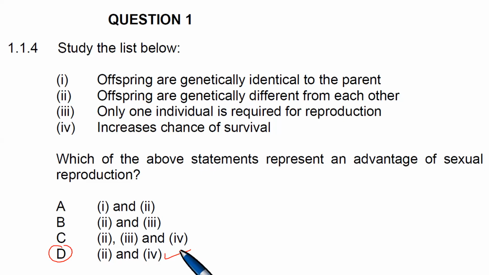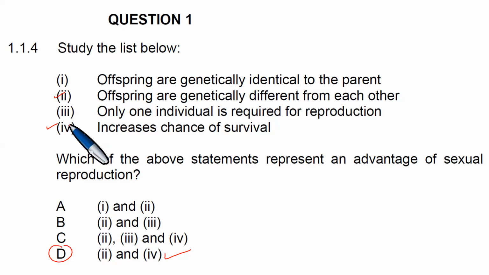Okay, we continue. We're here to look at more advantages of sexual reproduction. It's clear that sexual reproduction increases the chance of survival, but also offspring are most certainly genetically different from each other.